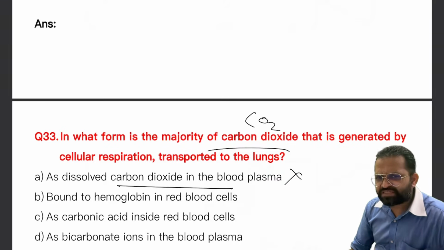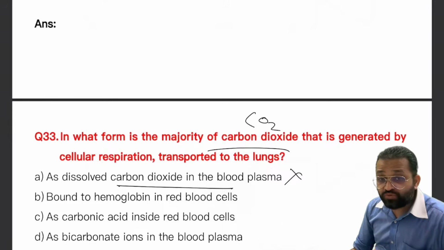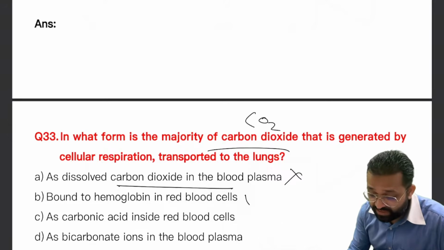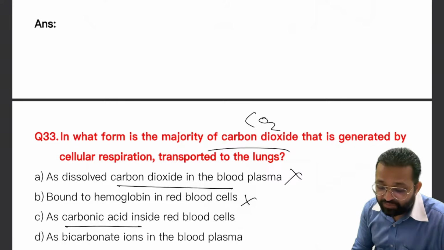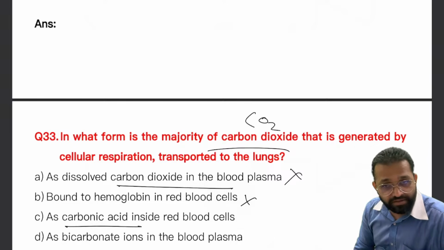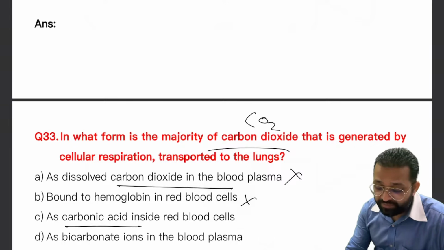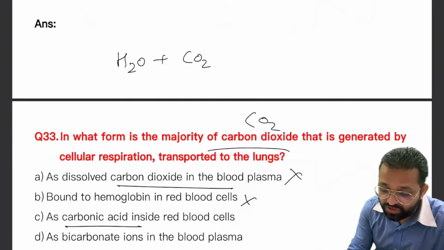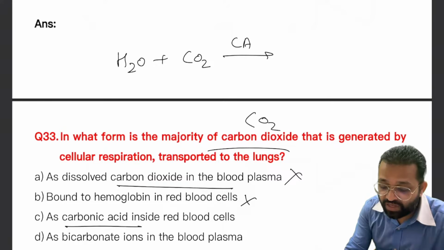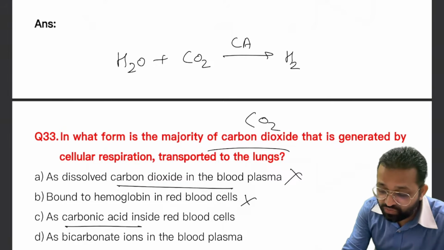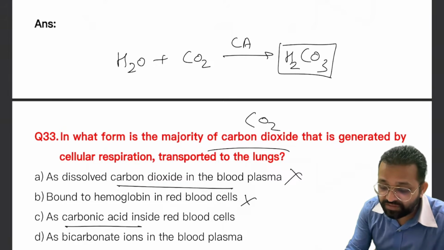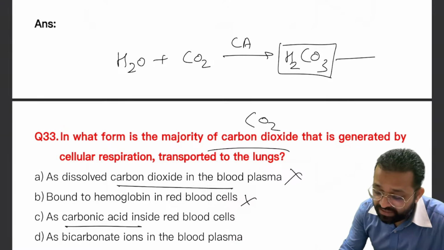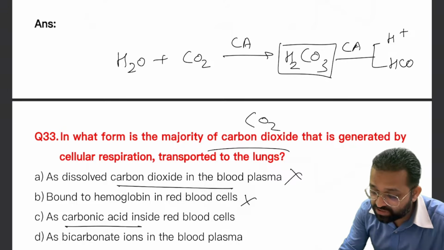No, very less percent. I think 7%. Bound to the hemoglobin in red blood cell? No, sir. Very less amount is found. As carbonic acid inside the red blood cell, and as bicarbonate. Remember, sir, H2O plus CO2 in presence of the carbonic anhydrase, it is making the H2CO3. Right, sir. But then again in presence of the carbonic anhydrase, it is changing into the H plus and HCO3 minus.